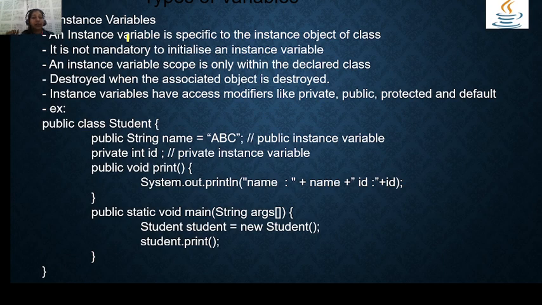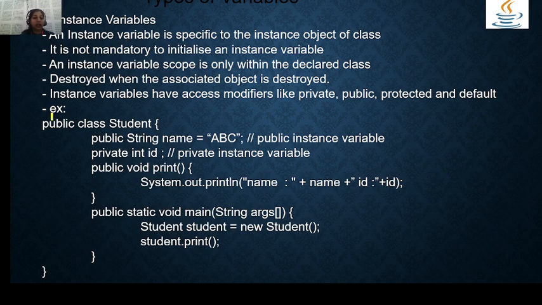The instance variables have the access modifiers like public, private, protected, and the default. When we go to the next topic, we will learn what is private, what is public, what is protected, and default. So let's see an example.